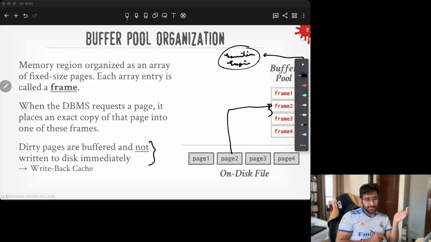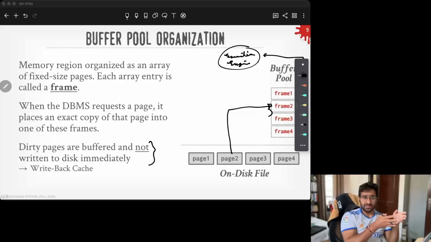What is a write back cache? When you're modifying a page, let's say this is my page and it's lying in the buffer pool, I modified some portion of it. I do not immediately write it out to disk. I wait some time, I keep it in memory, and at some point some background process will write it for me. This might not make sense right now, but there are policies.